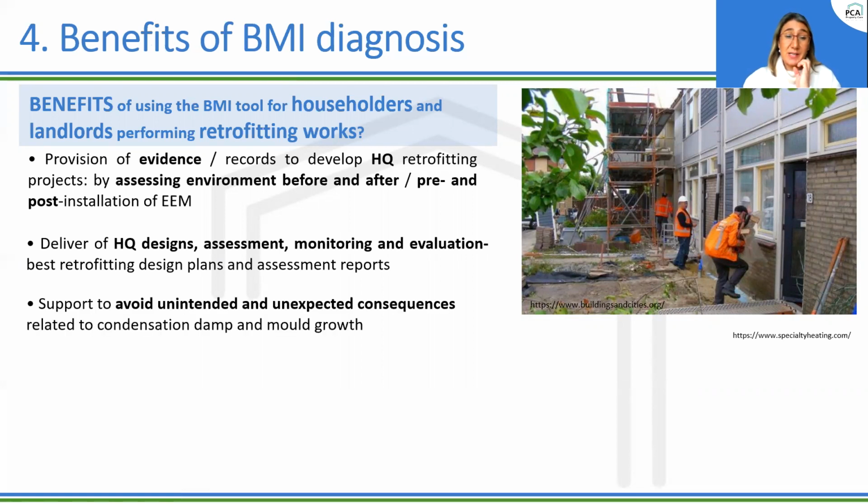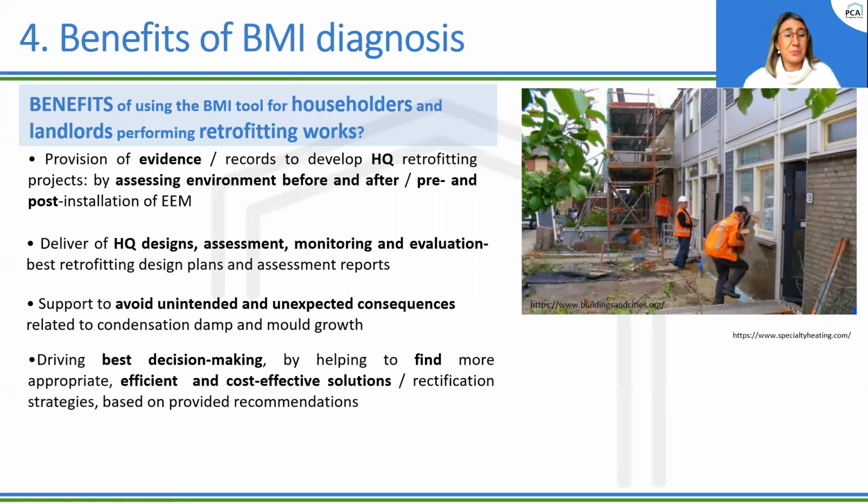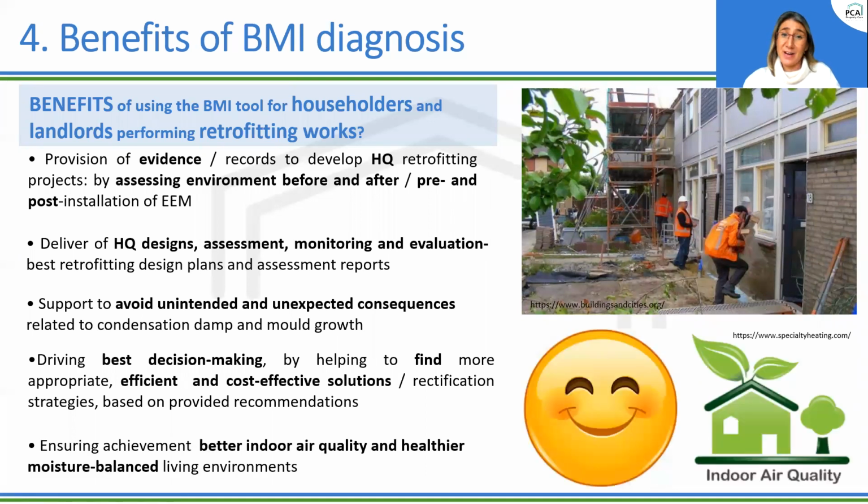It can support, as I said, to avoid unintended unexpected consequences of the retrofitting works, generation of moisture. And it drives to best decision making by helping to find efficient and cost-effective solutions from the provided recommendations and assessment. And finally, but not less important, it helps to ensure the achievement of better indoor air quality and healthier moisture balanced living environments.